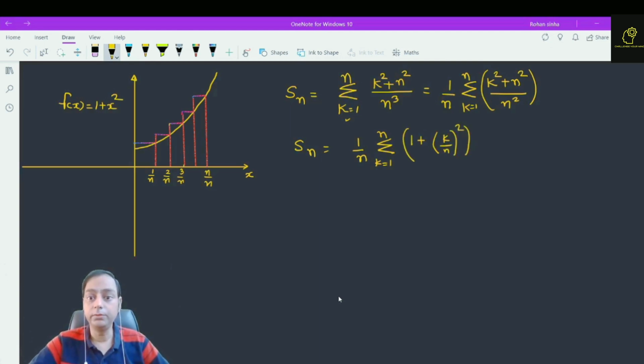Now let us suppose f(x) is equal to 1 plus x square. If f(x) is equal to 1 plus x square, what can we write? We can write Sn as 1 by n, sigma k equal to 1 to n, f of k by n.